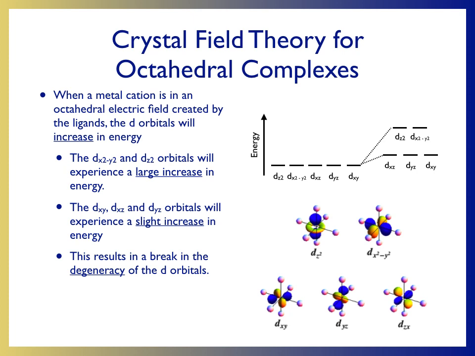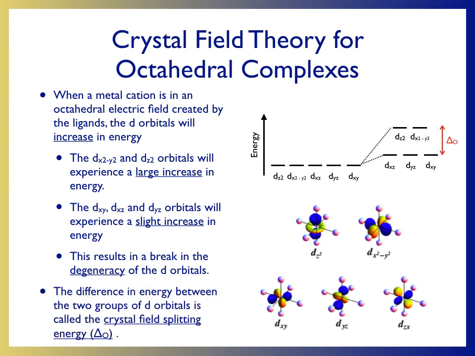This breaks the degeneracy, or same energy, of the d orbitals once the metal cation is surrounded by ligands. Note that it's not important for you to know which orbitals go up in energy more than the others, but know that the d orbitals do split in energy so that three orbitals have a lower energy than two other orbitals. The difference in energy between these two sets of d orbitals is known as the crystal field splitting energy for octahedral complexes, or delta O.